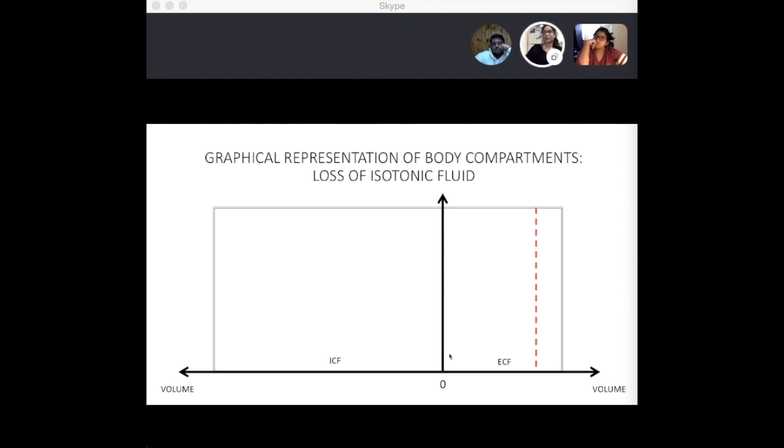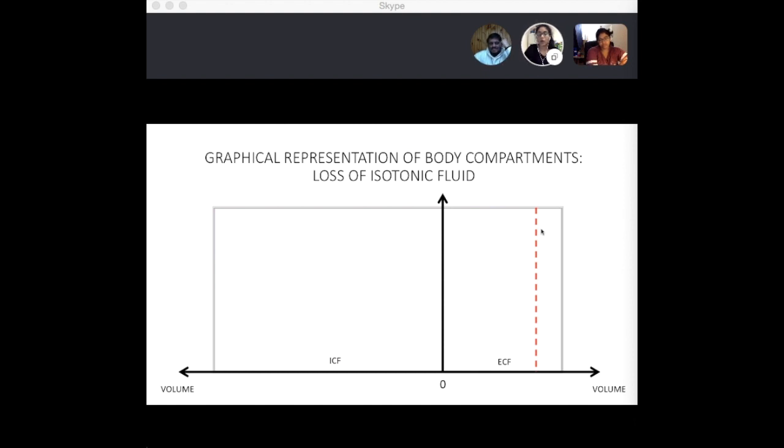Okay. All right, so the main point is now determining, if we were presented a Darrow-Yannet diagram, what does it mean and what pathologies could it indicate? So here we're talking about loss of isotonic fluid. This patient would show a loss of extracellular volume, as you see that the red line is impinging on the extracellular fluid space.